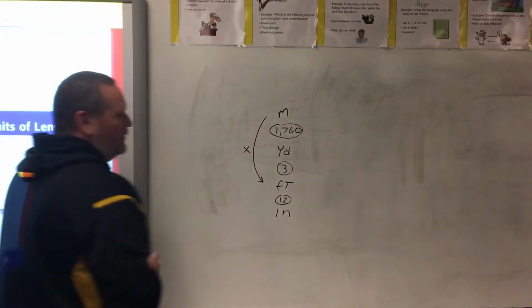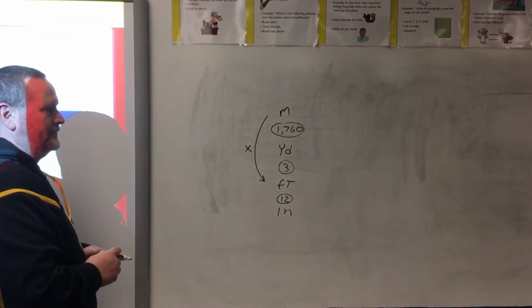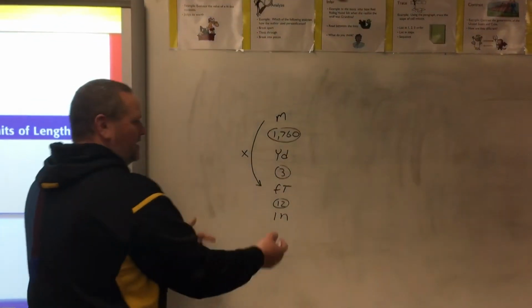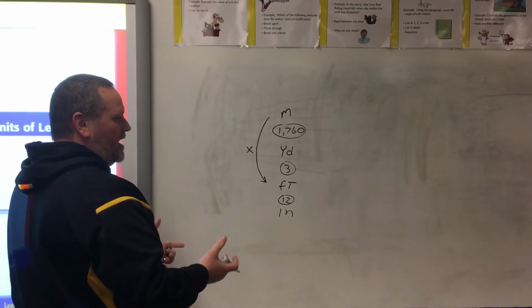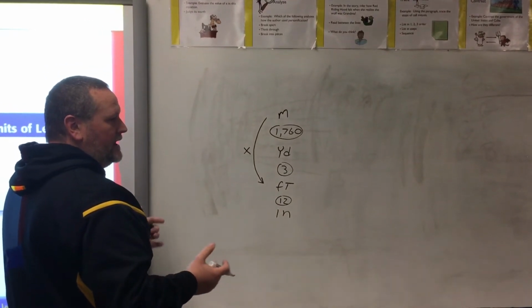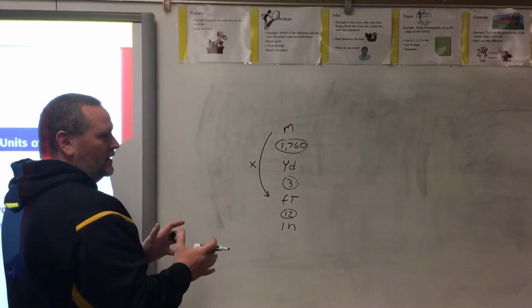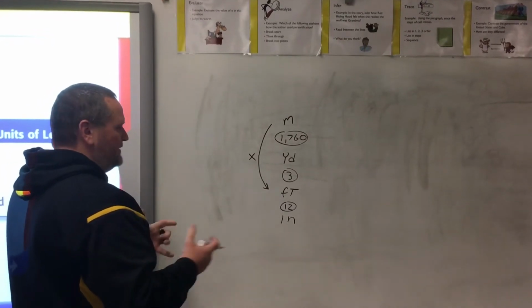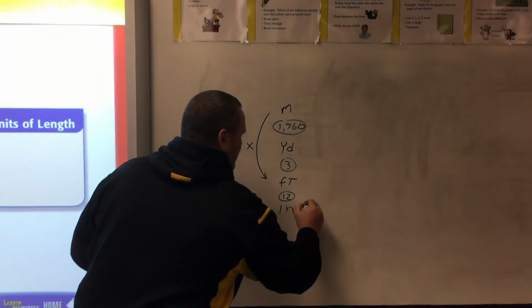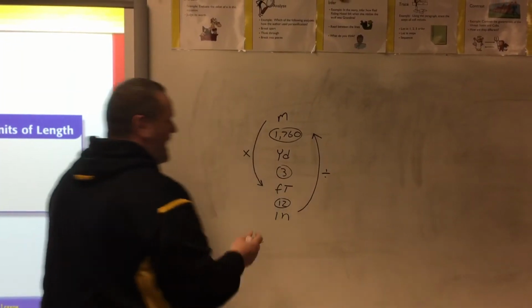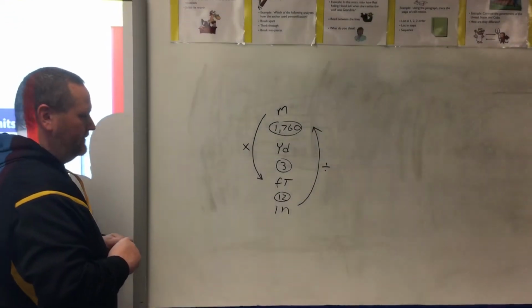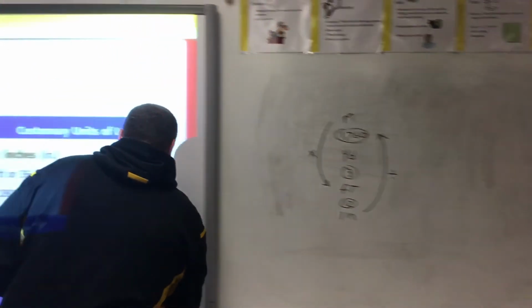So as you're going down, you have to multiply. Okay? As you're going up, if you start at inches and you measure the same thing in, let's say, yards, well, you're going to need a lot fewer of that particular tool to use it. So as you're going from a smaller unit up to a larger unit, you're going to divide by whatever number is in between. Okay? So we'll kind of put that into practice.